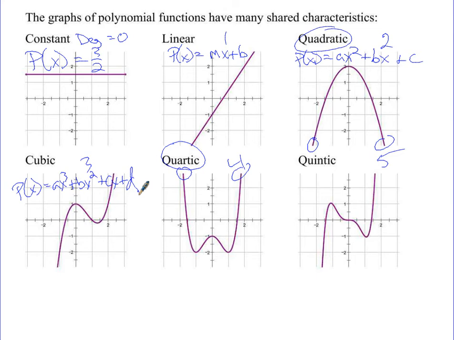And for a quartic, p of x equals ax to the fourth plus bx to the third plus cx squared plus dx to the first, really, plus e.